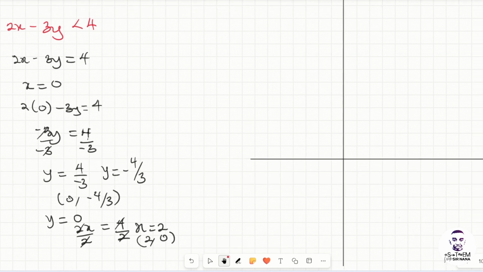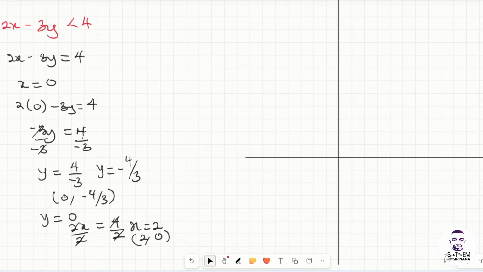In so doing, on the positive side of the x-axis we would have 1, 2, 3, and then 4. We can add probably 5 here. On the negative side, we have negative 1, negative 2, negative 3.